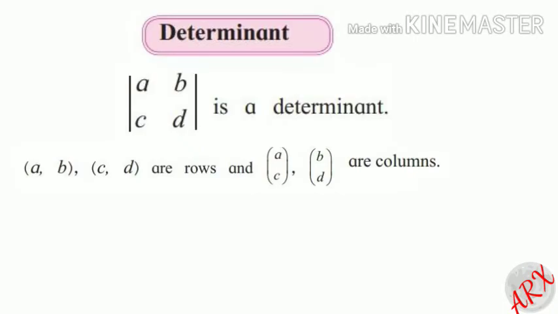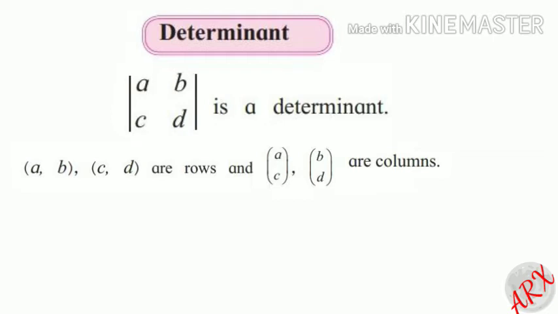First we will see the determinant. So what is a determinant? It is represented as you can see on the screen: A, B, C, D, in which AB and CD are rows whereas AC and BD are columns.